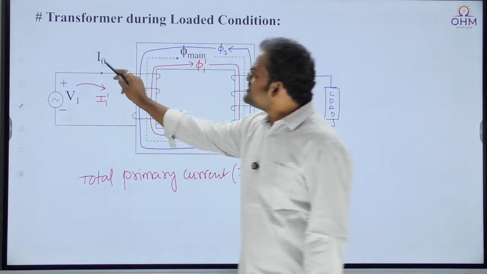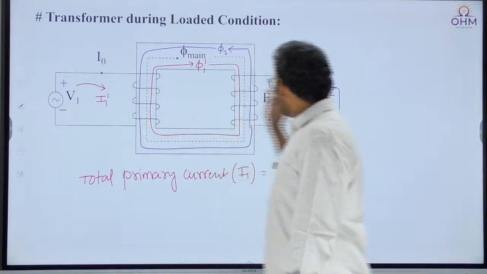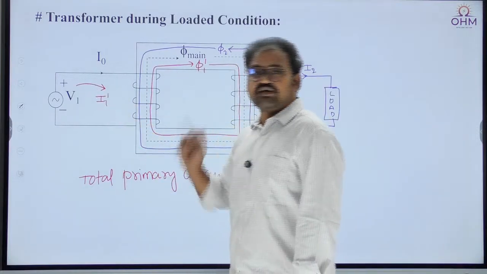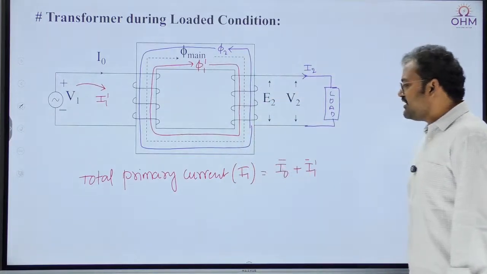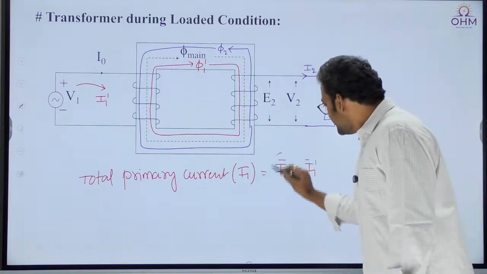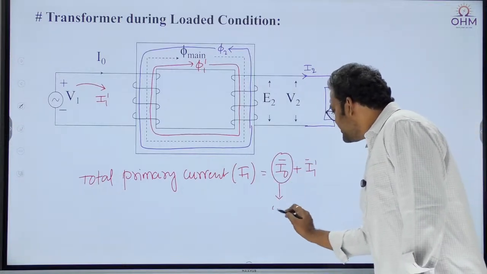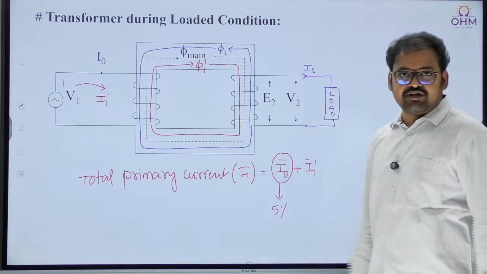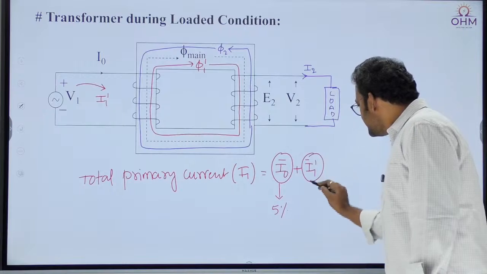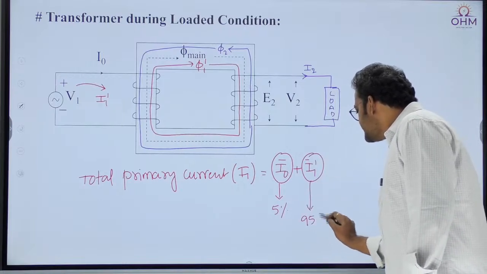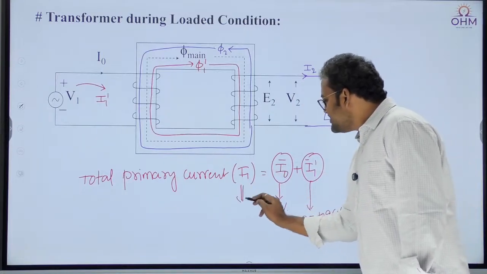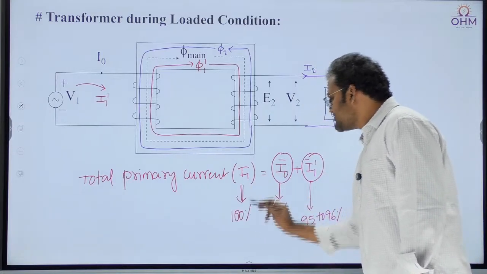Remember I0 is the no load current, and when the load was connected on the secondary, automatically a current is drawn by the primary known as I1 dash. Here you need to understand this I0 is approximately 5% of the rated current. We discussed already no load current, but this I1 dash is 95 to 96% of rated current, and if you add both of them, this is the total rated current 100%.